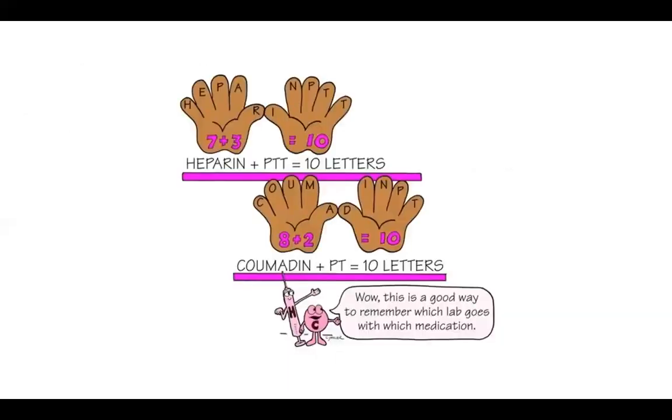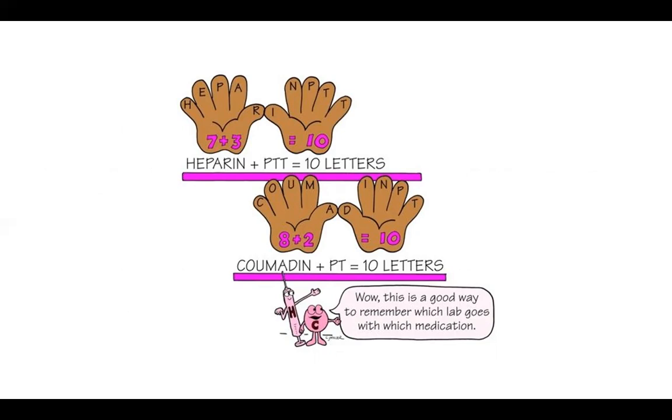This is helpful for me to remember. I learned this in school, so I'm like, which one's PTT and which one's INR? So you can hold out your hands. Heparin is 7 letters, and PT is 3 letters.